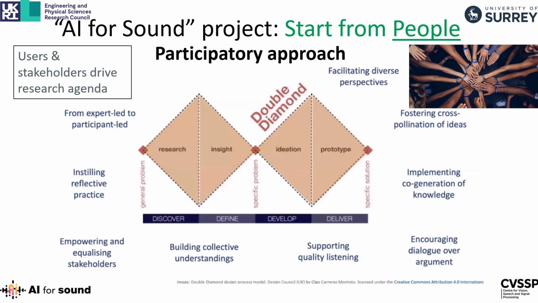Then again we reach the people, to ask how they feel, whether this ideation, this research solution and problem makes sense for them. So this is an iterative process where people are coming together and we're building collective understanding, supporting quality listening as well, and implementing co-generation of knowledge, which fosters cross-pollination of ideas, right?